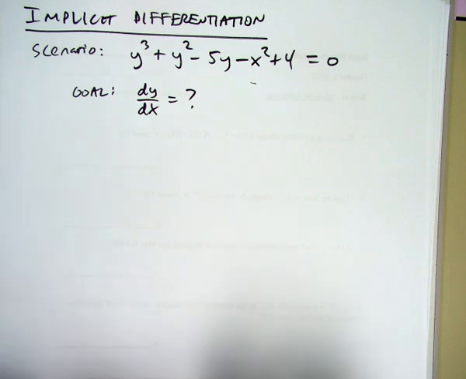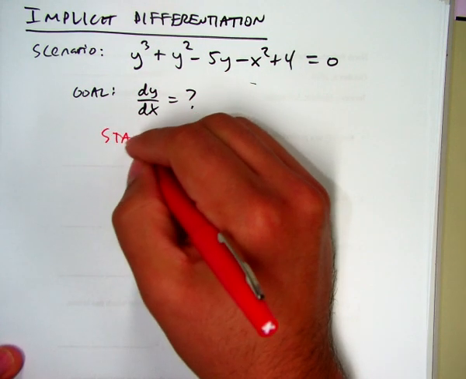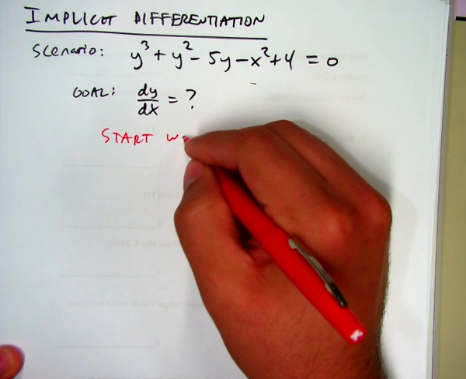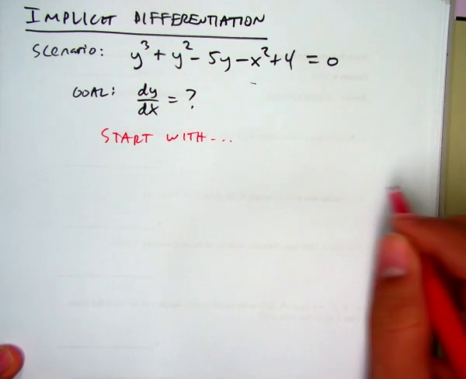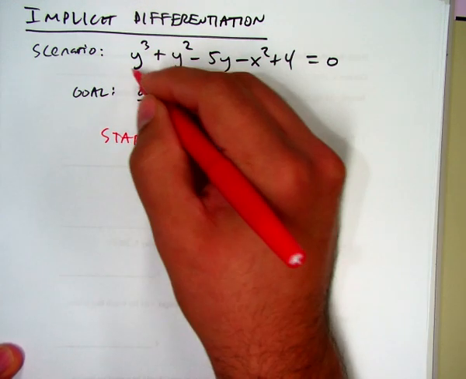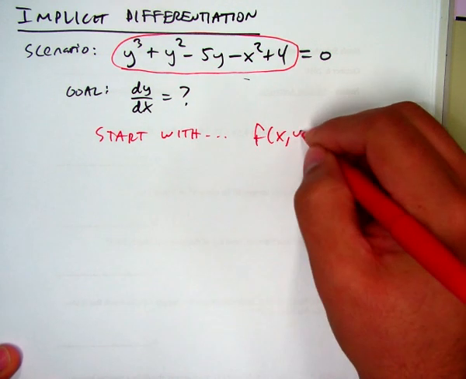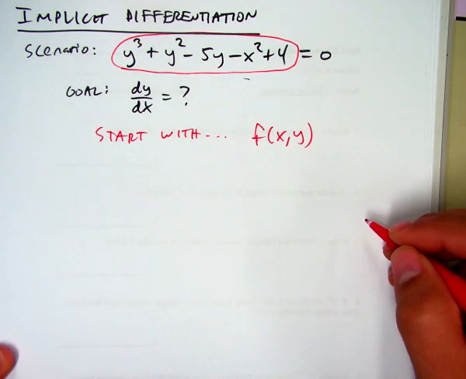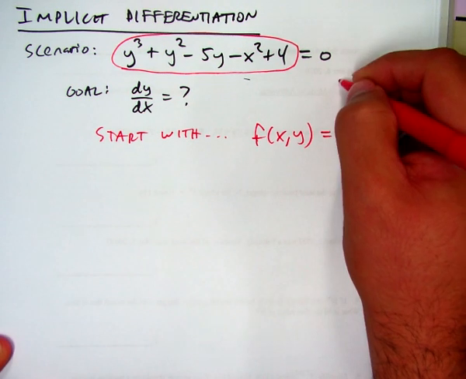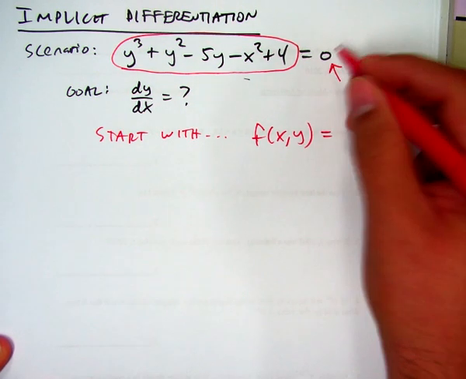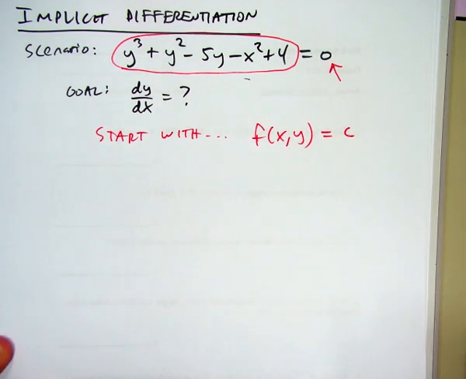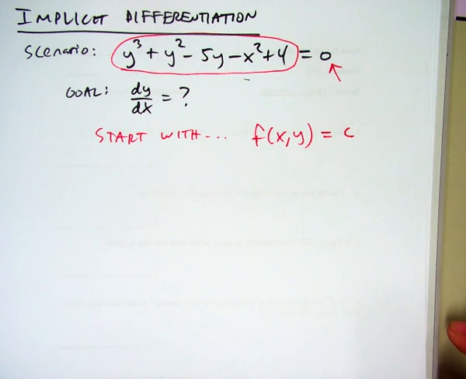So let's start with the fact that we can call this a function of x and y, because it's defined in terms of x and y. And we'll just say 0 is 0. Let's just call it a constant, because really it could be any constant, and then the idea is still the same.